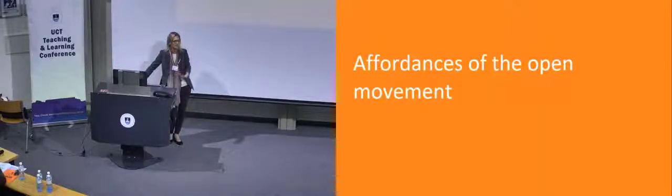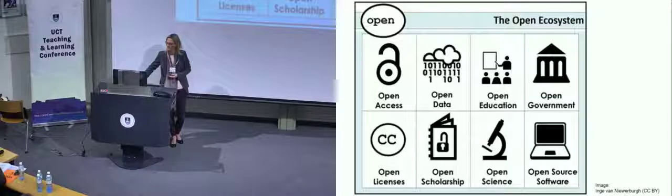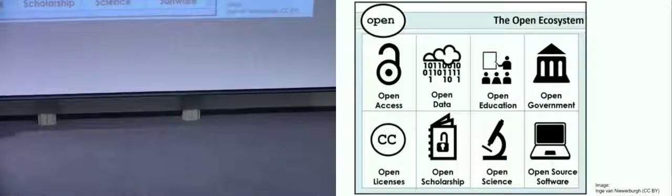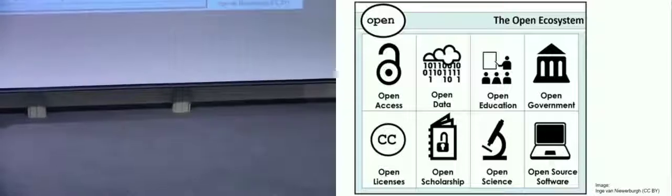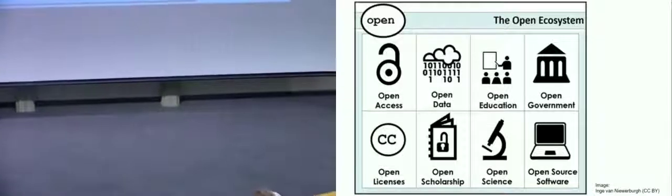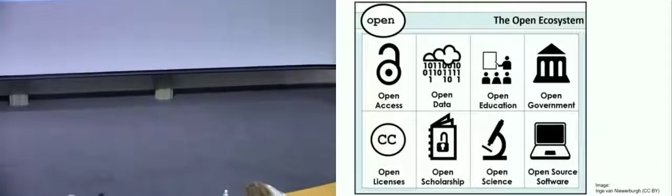So a little background on the open movement. I'm not too sure who in the audience is aware of openness and the open movement, so I'm going to show you a few slides to give you a bit of a background. I'm talking about open education, and open education is part of a much broader open ecosystem.